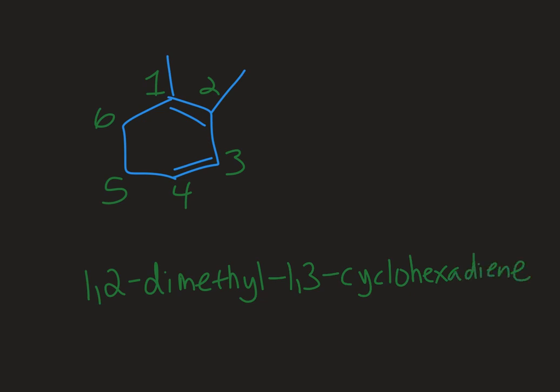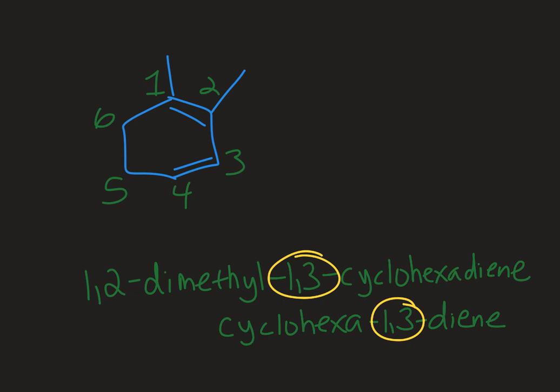Or I could have named the parent cyclohexa-1,3-diene. So again, where I put the locants directly before the modifier. Now, there's a couple things going on here. Again, you have your locants, regardless of which place you put them. So that tells you where your double bonds are on the molecule and relative to one another.